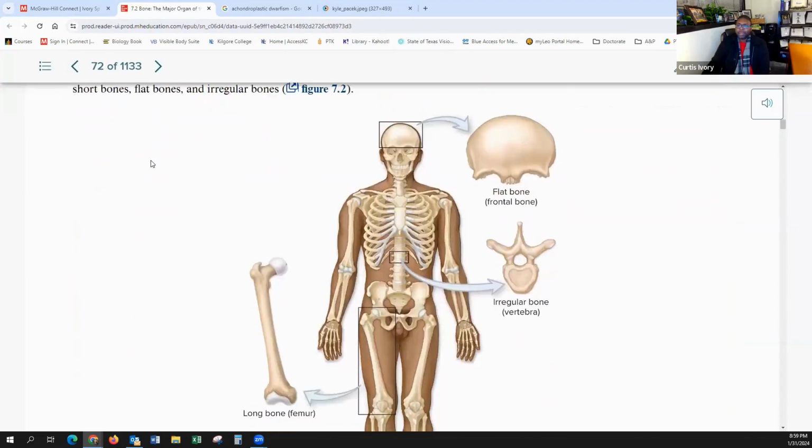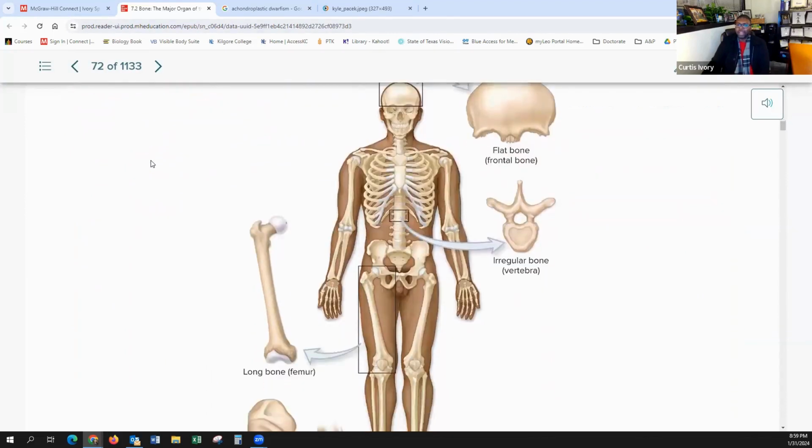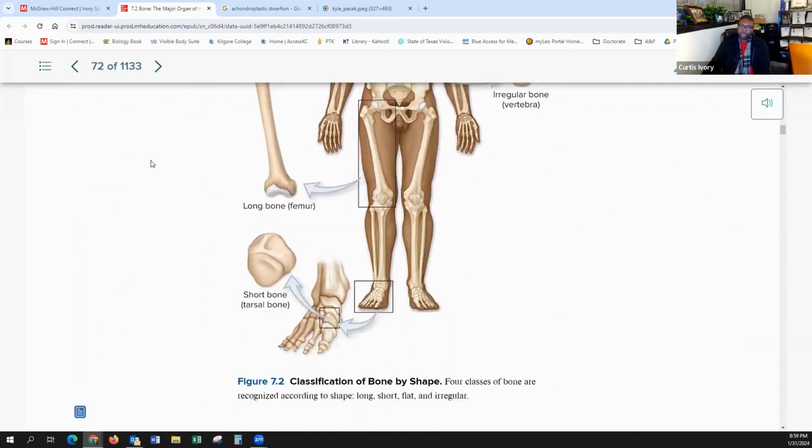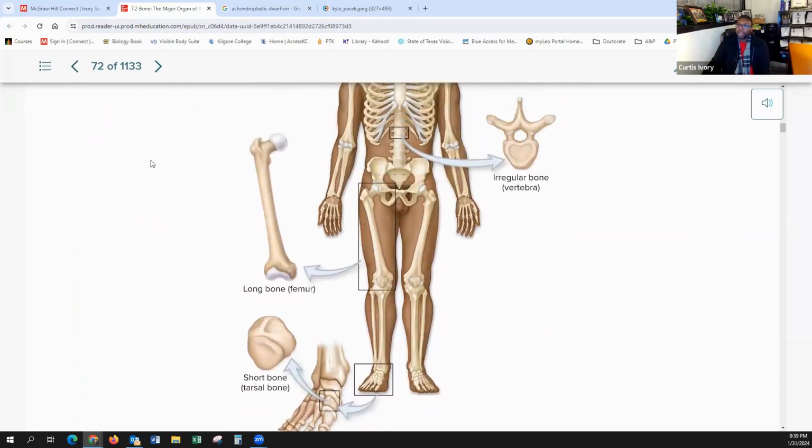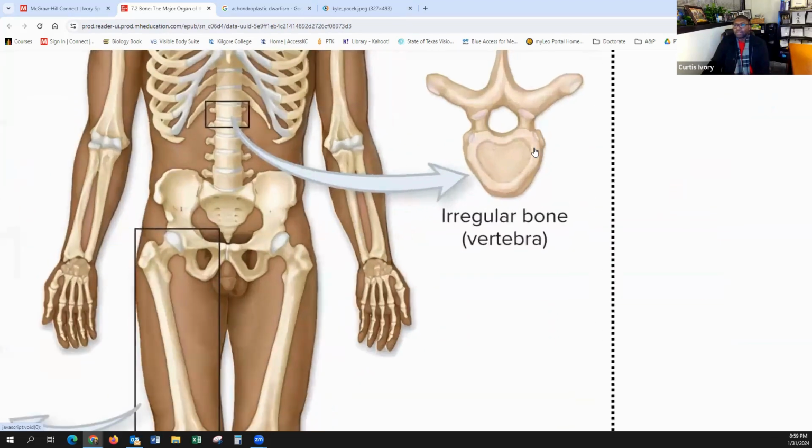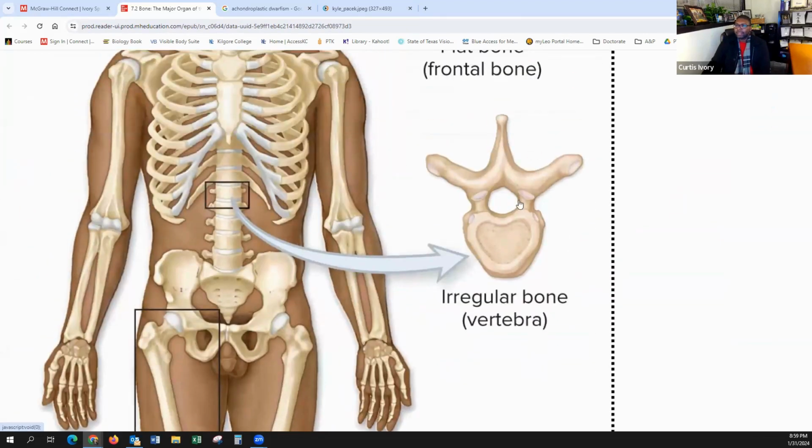There are different types of bones, and they categorize them as flat bones, irregular bones, long bones, and short bones. They get their name from their shape. If we look at irregular right here, we can't really say that this looks like a shape, so that's why we call it irregular.